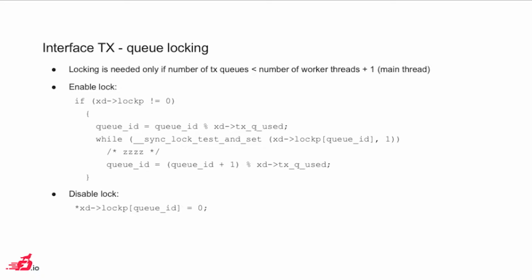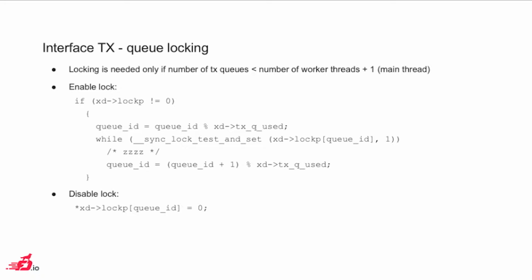And we hit the Fortville limitation of 64 transmit queues. This is not what is written in the datasheet, because the datasheet says much more, but you cannot allocate queue number 64. It just fails.